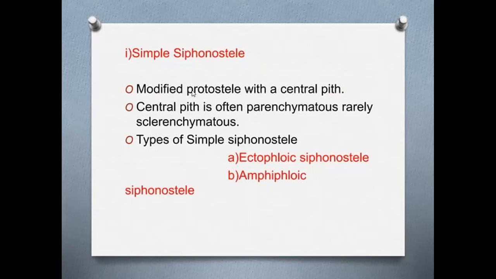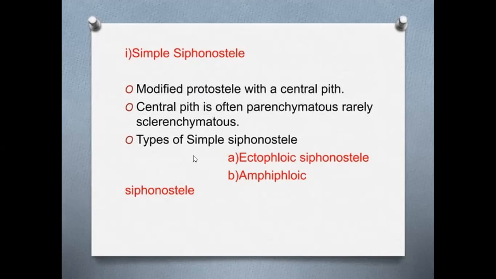That is a protostele. Attached to this protostele, if there is a central pith region, then we call it a siphonostelous condition. This is a simple siphonostele. And in this pith region, in the simple type, it is of parenchymatous type. That is, the tissue which is present in the center is often the parenchymatous type.